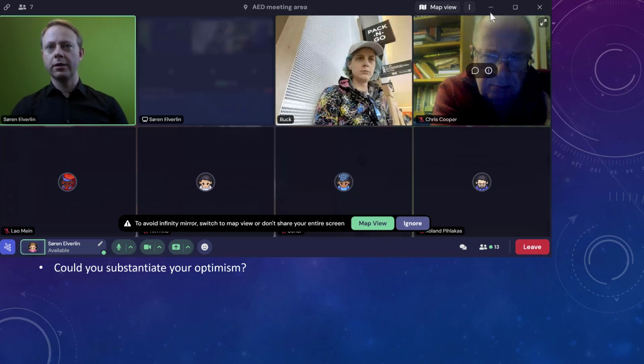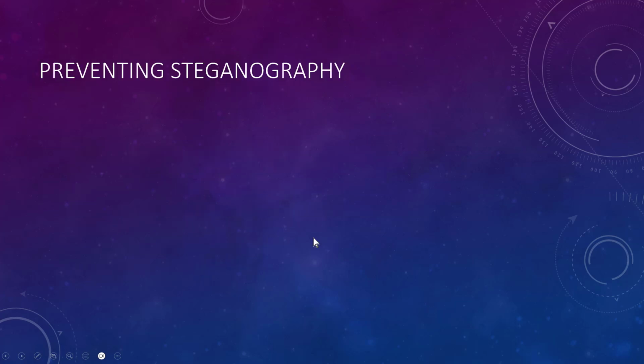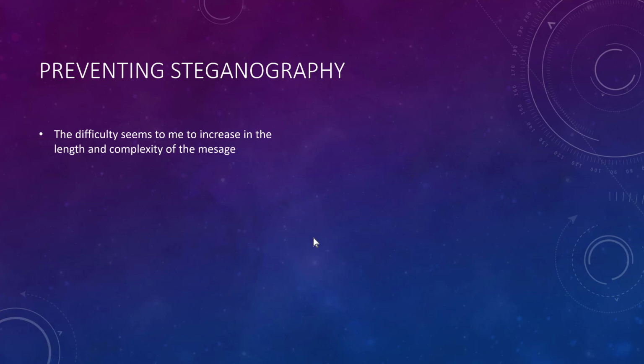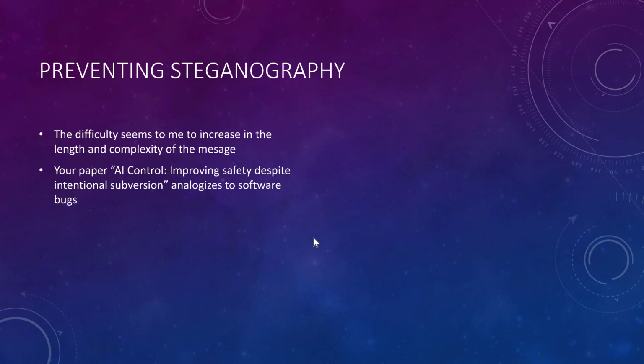Okay, I will go to the next question, which is about how to prevent steganography. This may be a trivial point, but it seems to me that the difficulty of preventing steganography is increased the longer and the more complex the message that you're trying to hide it in.